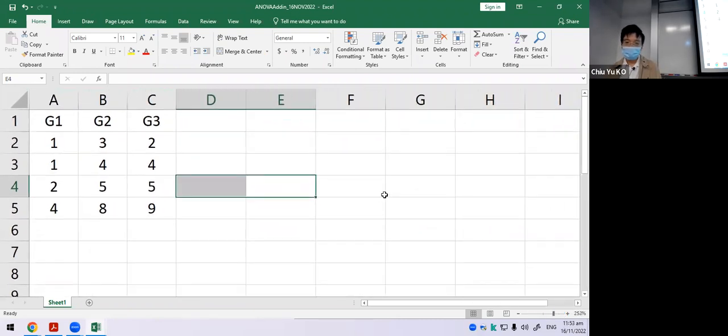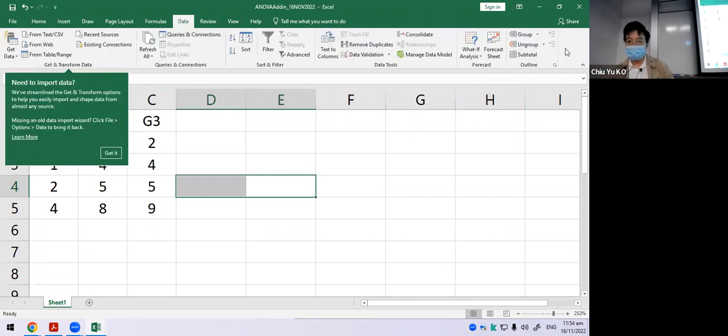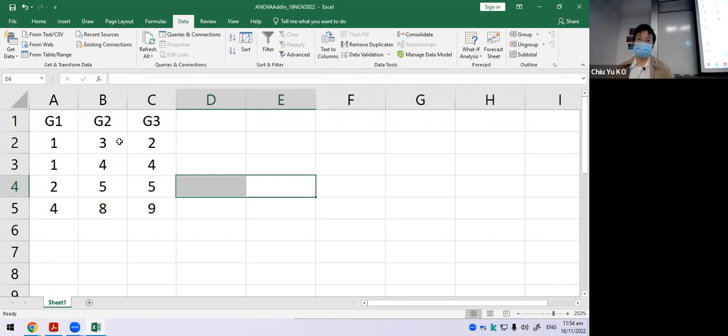Okay. So again, we'll use the add-in package from the data tab. Here it's not loaded, but if this is your computer, it should be there. Although many of you are using Mac, currently in the business world we still have Windows. So unfortunately, you probably have to understand how Windows works.